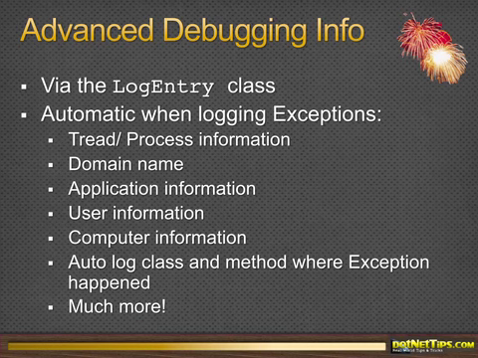The domain name that it's coming from, the application information, which is all kinds of application information, including how much memory the application's using and all those kinds of things. User information, so I actually log the logged on user and things like that. Tons of computer information, including memory, what version of .NET is being used, what version of Windows is being used, all that stuff is being logged.